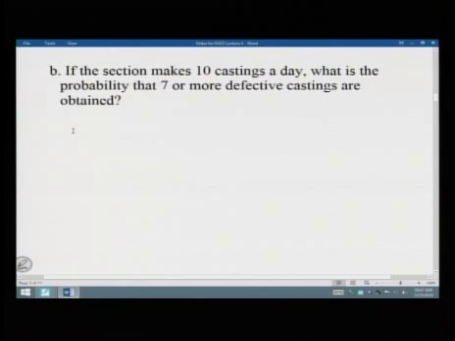Then what is the desired probability? N sub 10 is what? We want to know the probability that 7 or more defective castings are obtained. So it's got to be greater than or equal to 7. Is that right?